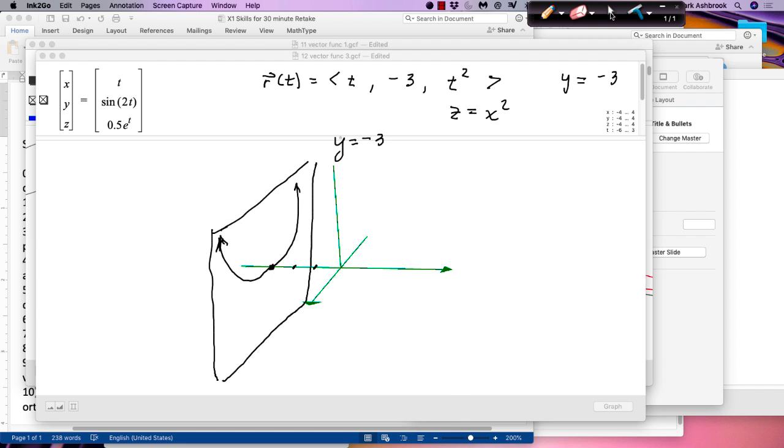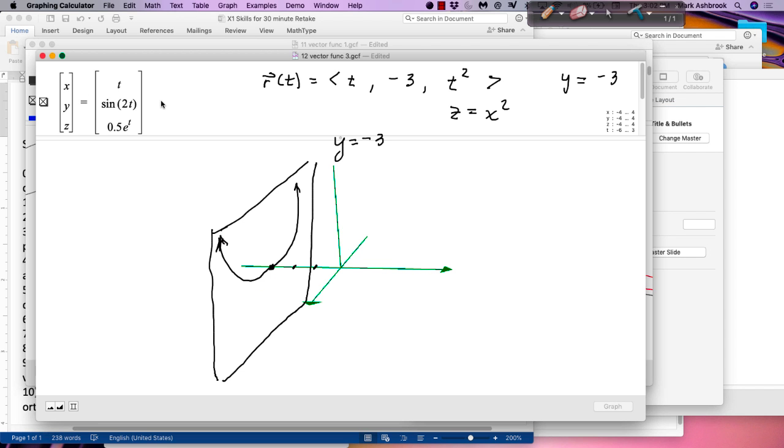Okay, so let's put it in. A good use of technology here would be to check it. So we got t, -3, and t squared. It won't be in the same place.